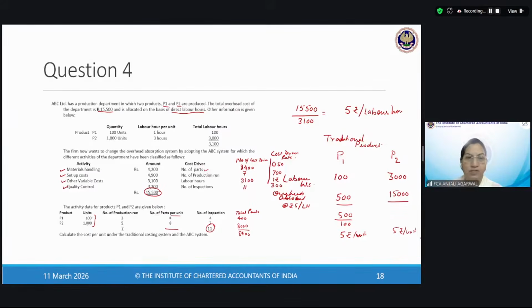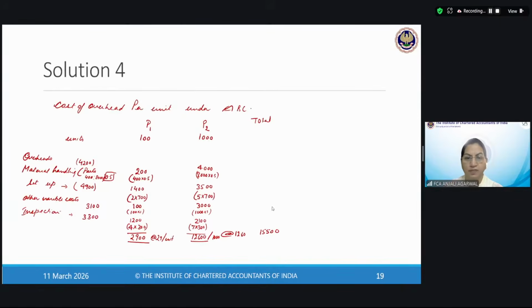But we have done a more justified way of doing the calculations by following the ABC method. So this is more appropriate and it is giving a tremendous difference in the per unit rate by applying the two different methods. So ABC is more scientific.